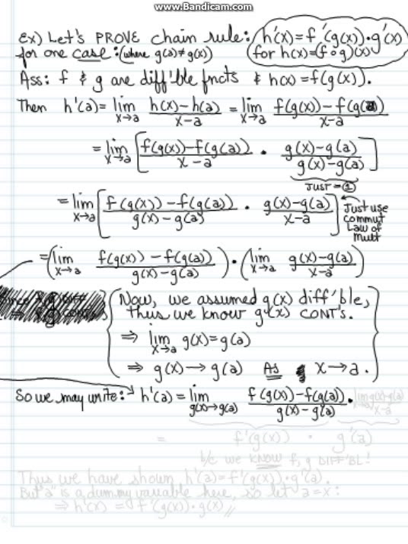What is that? That looks familiar. Times the limit as x approaches the old a as before of g of x minus g of a over x minus a.